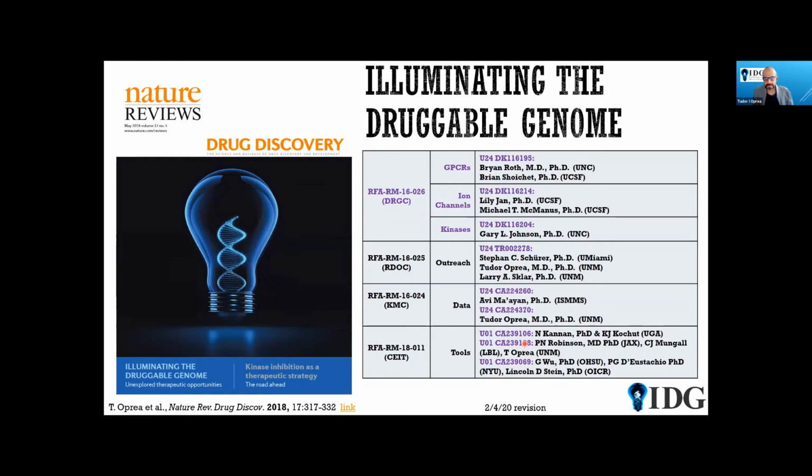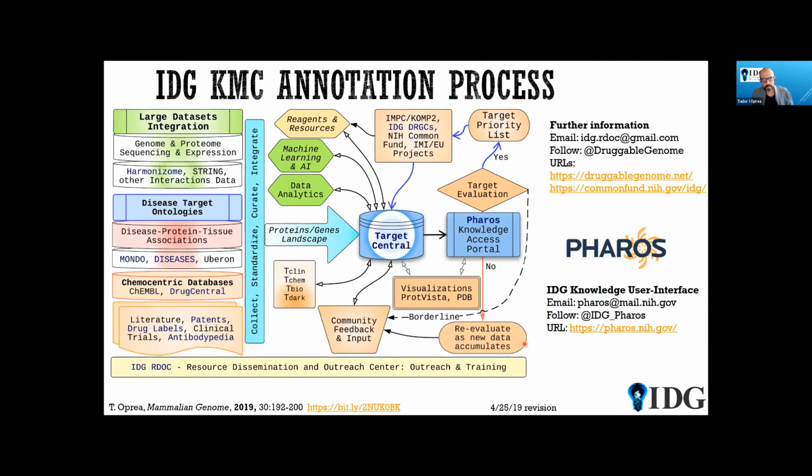And similar to what Ian has described for the Open Targets platform, we have a rather complex pipeline for data acquisition and integration, in addition to data that's generated by our experimental groups, which goes straight into Target Central and Pharos. We, of course, curate the data from literature as much as possible. And by literature, we include a number of resources.